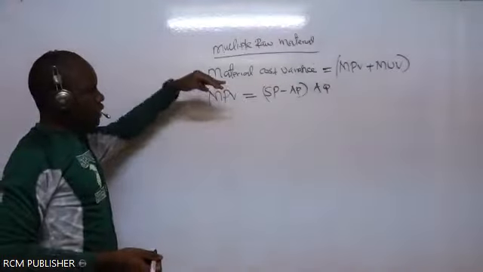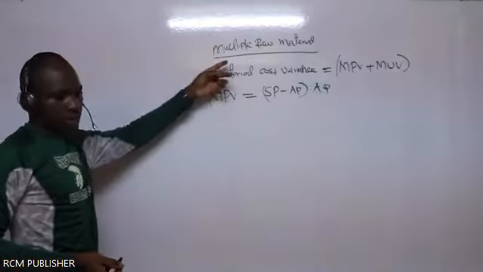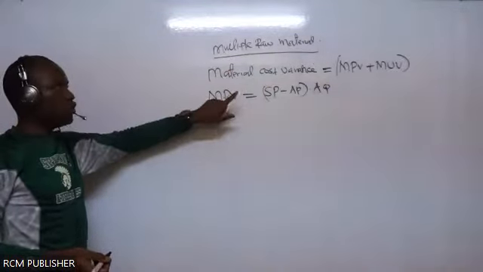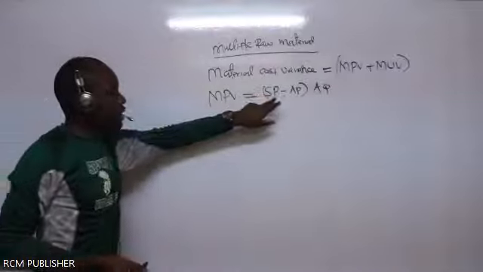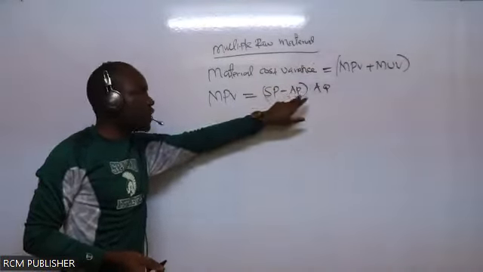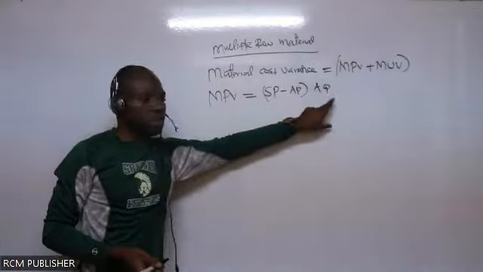So if I'm going to deal with now multiple products, what do I need to put in place now? It is standard price minus actual price, then I multiply by the quantity.